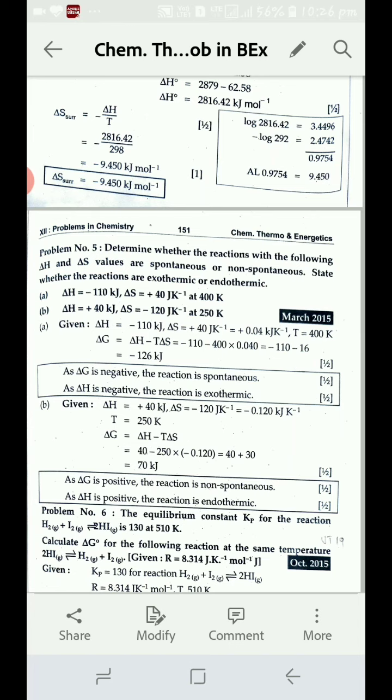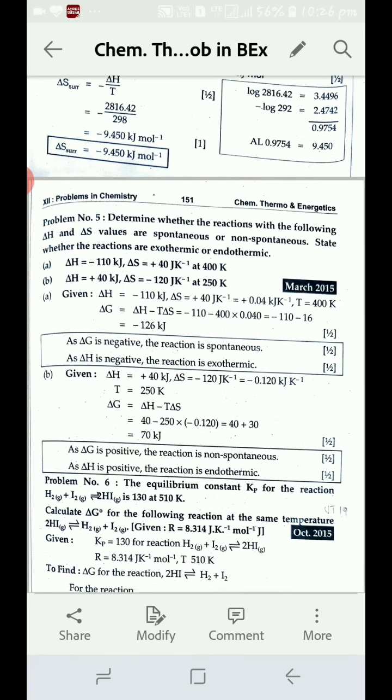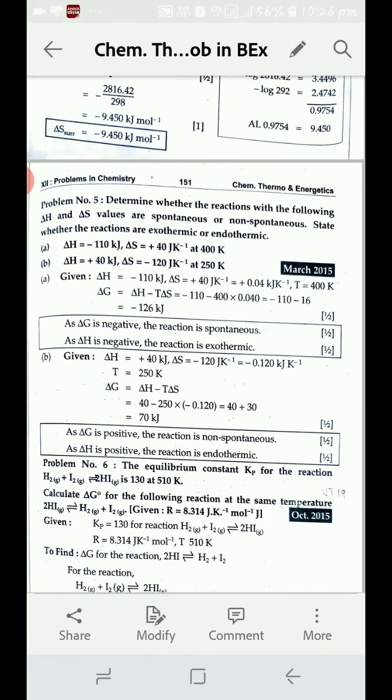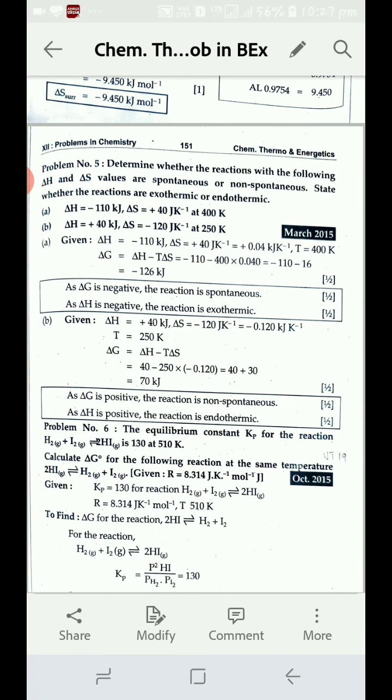So what is the Kp value? It is 130 for H2 plus I2 gives 2HI at 510. R is mentioned and temperature is mentioned. So for calculating delta G0, you must know the formula. Kp, where P stands for partial pressure, is the product of partial pressures of products divided by the product of partial pressures of reactants, raised to the power of the stoichiometric coefficients in the balanced chemical equation.